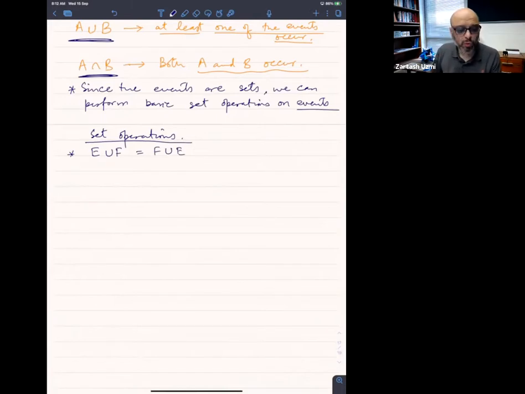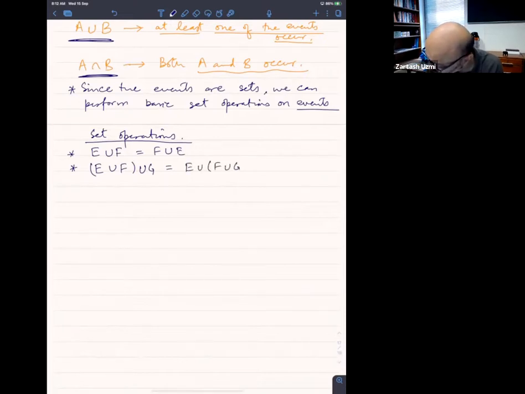This is called the commutative property. Also, E union F union G, where E, F, and G are events, is the same as E union F union G. This is the associative property. This is the commutative property of sets. This is the associative property of sets.